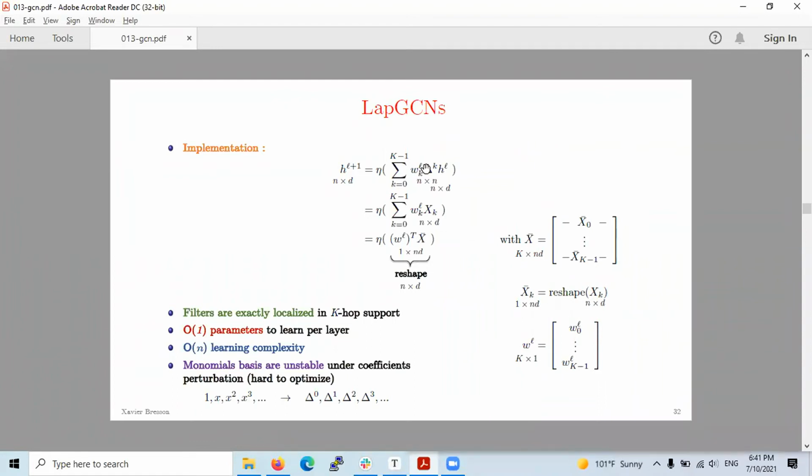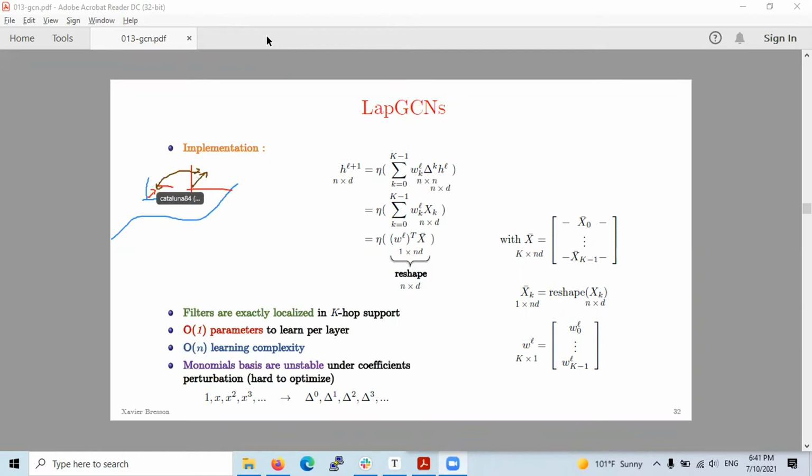Suppose this is the base of x and y, and I try to perturb this particular vector to this vector, and this might be the perturbation.